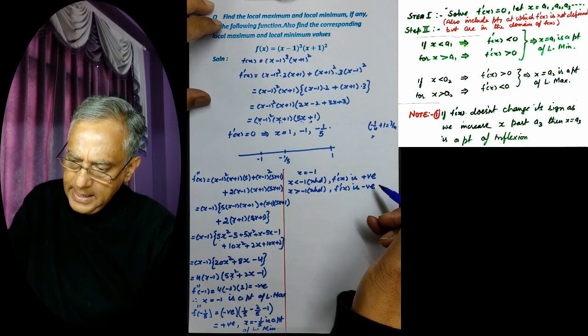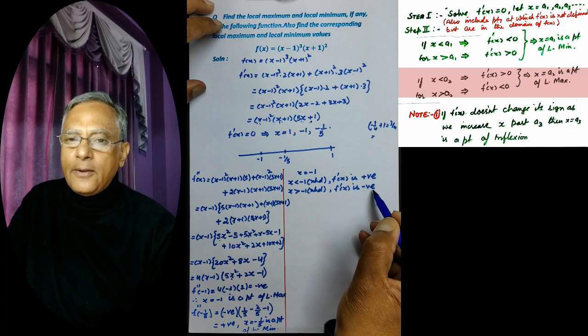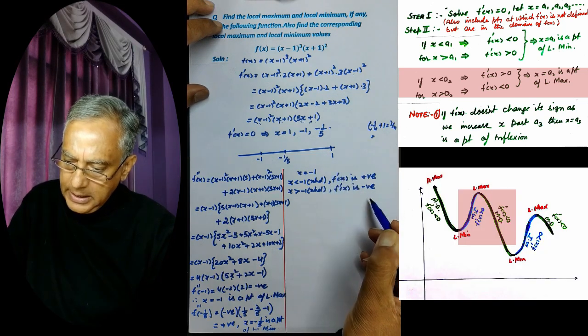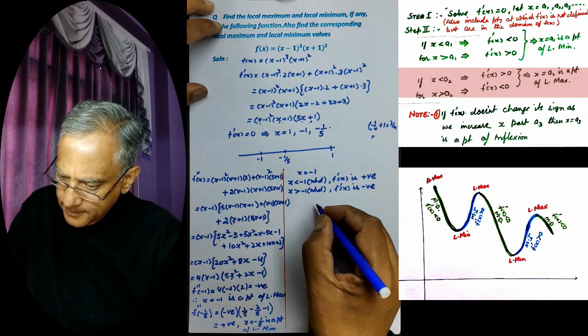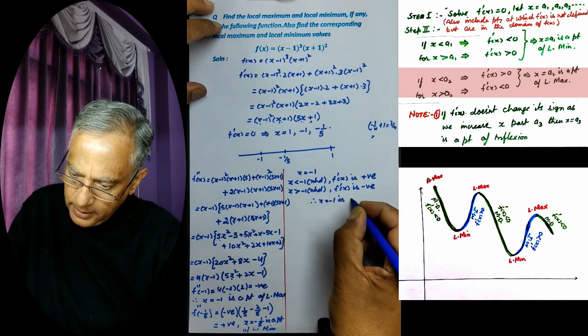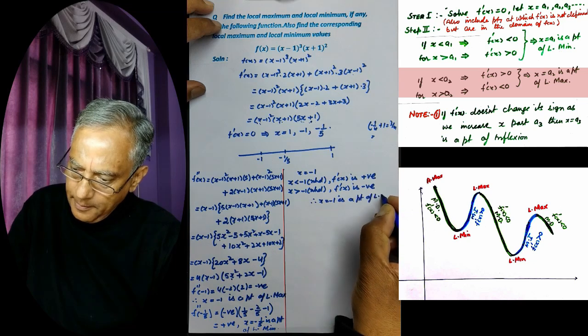So this is negative. So what we see is f dash x is changing its sign from positive to negative. From positive, increasing to decreasing. From rising to falling. Therefore, x equal to minus 1 is a point of local maximum.